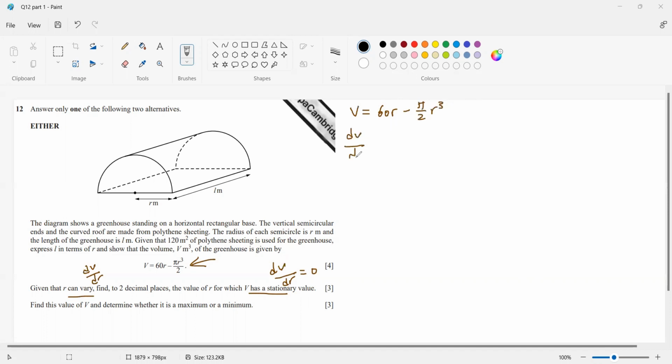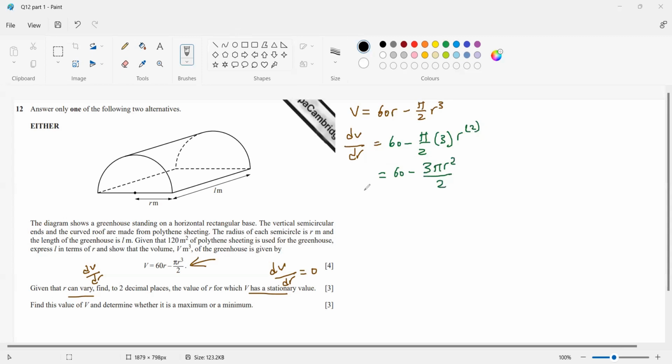As usual, we just differentiate with respect to r. This becomes 60 minus pi over 2 times 3, and r cubed becomes r squared. So the whole thing becomes 60 minus 3 pi r squared, whole thing over 2. This is dV/dr.